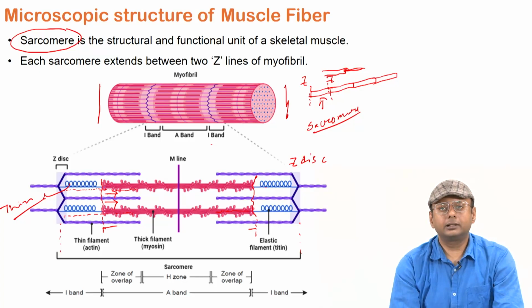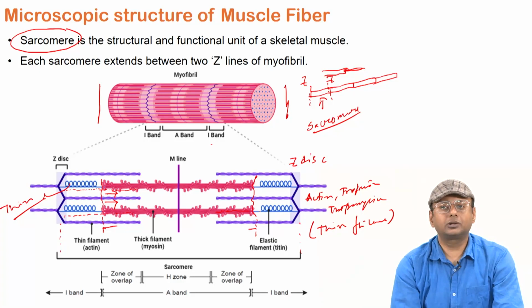Now in the corner you see only thin filament, there is no presence of any thick filament. This part is called the I band. You have two I bands, on the left side and right side, where there is no thick filament. That means only actin, troponin and tropomyosin, which are part of the thin filament, are present.